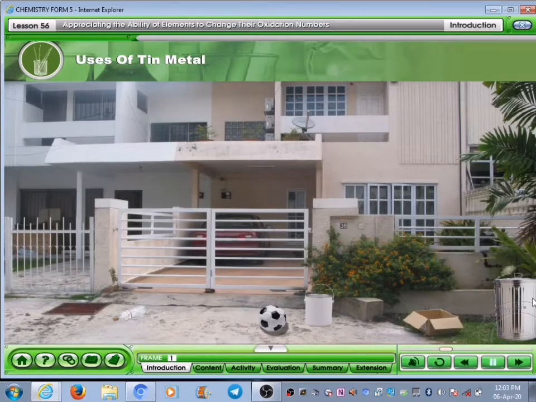Click on the object if you think it is made of metal. Most of these metals exist on Earth as metal ores such as metal oxides and metal sulfides.